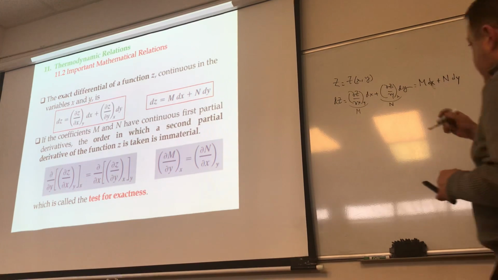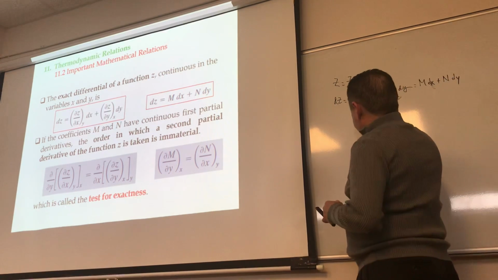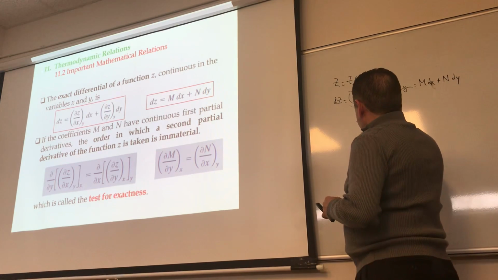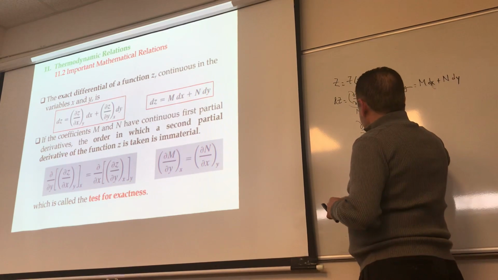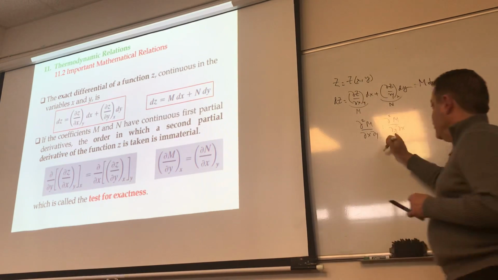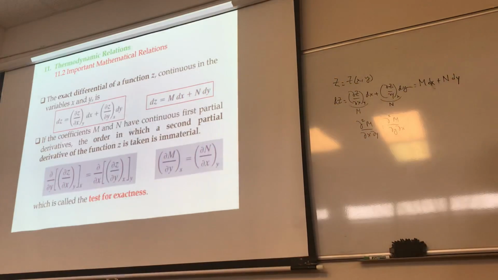In other words, the second derivative of M with respect to x and y is the same as the second derivative with respect to y and x. The order in which you take it is really immaterial.